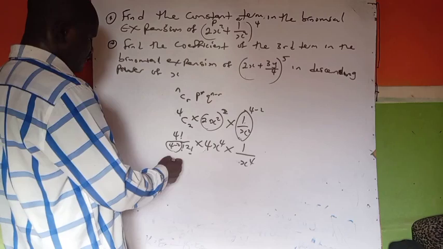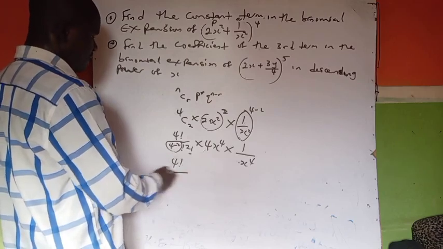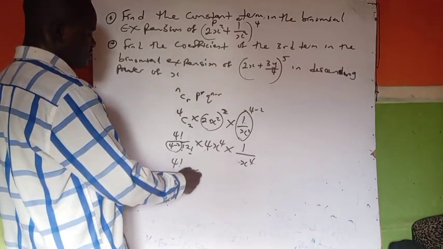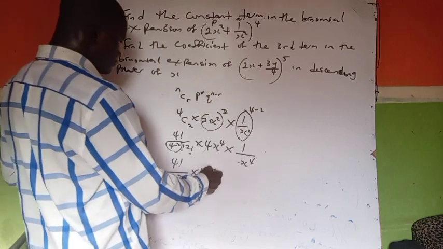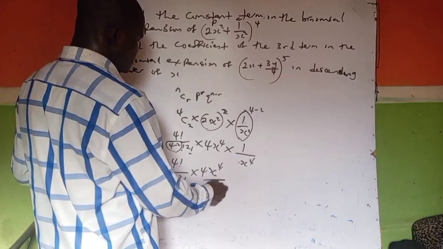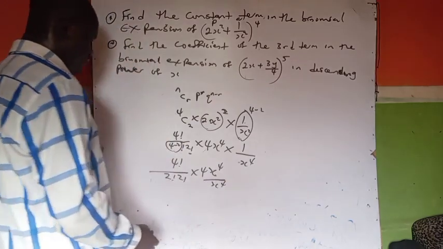For this one, what you have here is 4 factorial over 2 factorial, 2 factorial, times 4x raised to power 4, divided by x raised to power 4.